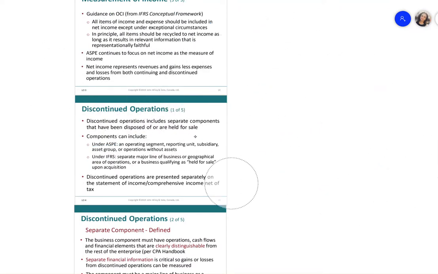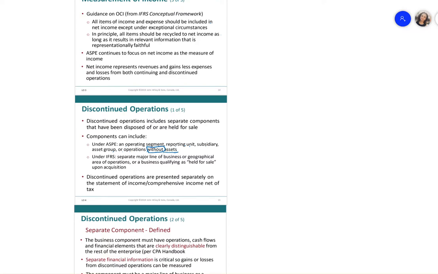So from an ASPE point of view, what is a discontinuing operation? A discontinuing operation is a reporting unit, subsidiary, asset group, or operation without assets. If you don't have assets, of course you're not going to generate any revenue.